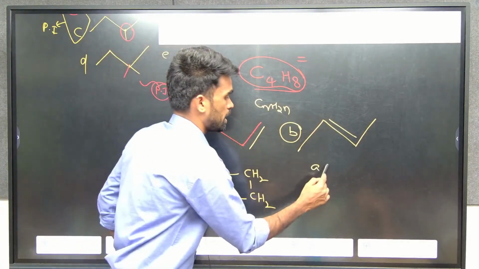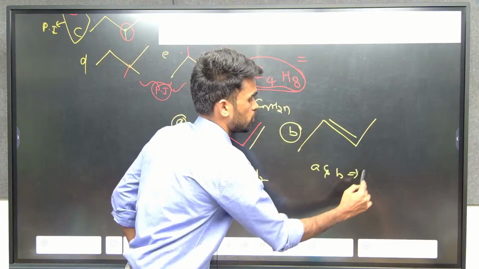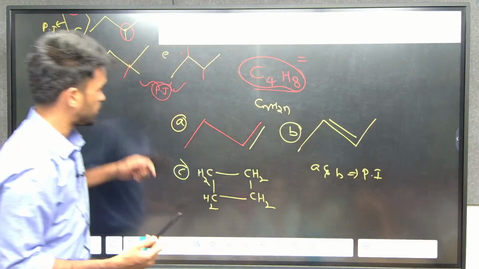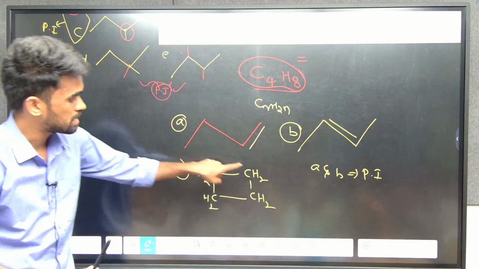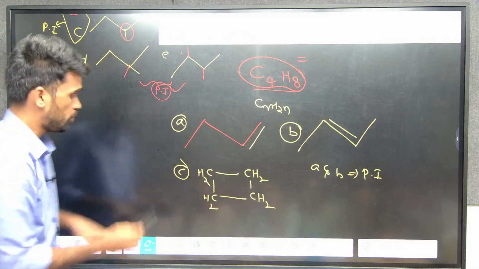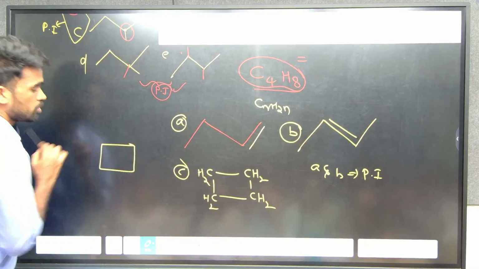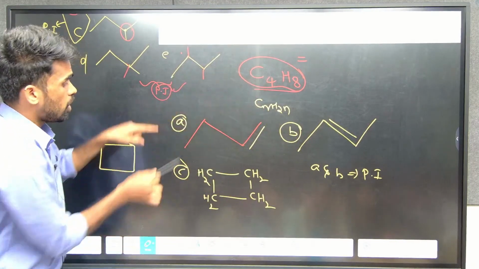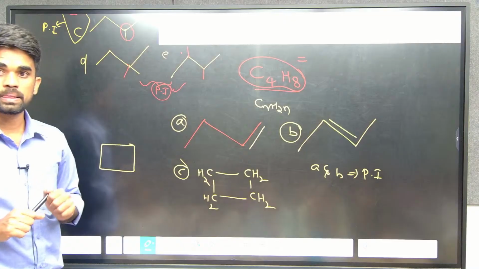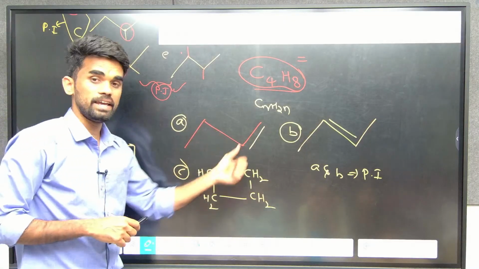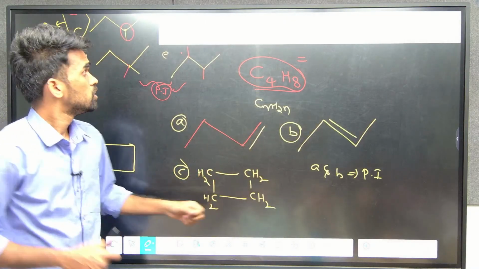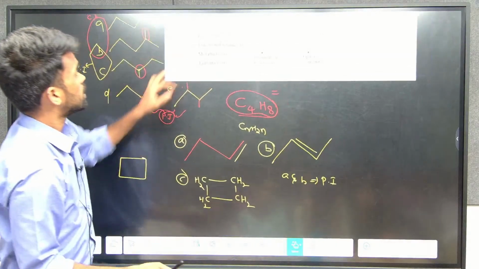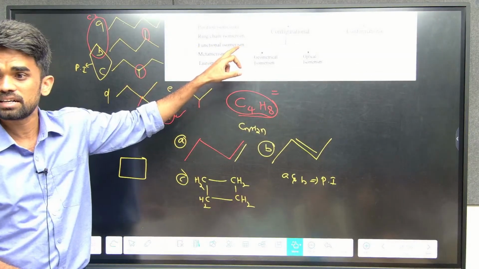So A and B are called positional isomers. Now what is the difference with C? See, first of all, this is cyclobutane. Is it satisfying this formula or not? Yes. So now how do they differ? One is open chain and another one is ring. So what is the name of this isomer? Ring chain isomerism.